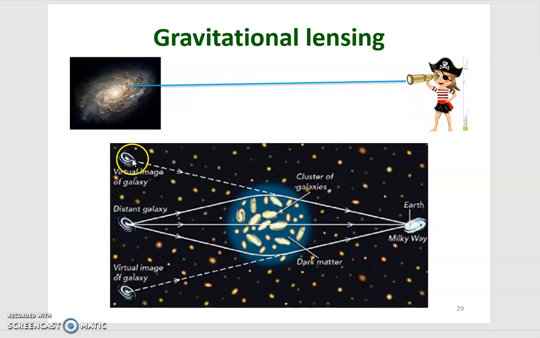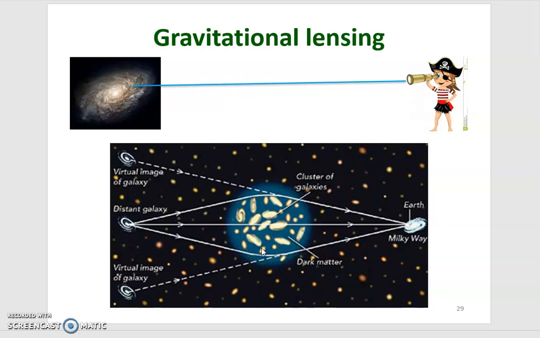So if the light emits from, for example, the galaxy, supposedly it should go in these directions. So they will pass through the regions with dark matter. You can consider that the light will be refracted because the speed of light is different, using this kind of concept. But in fact, it is due to the gravitational field created by the dark matter.